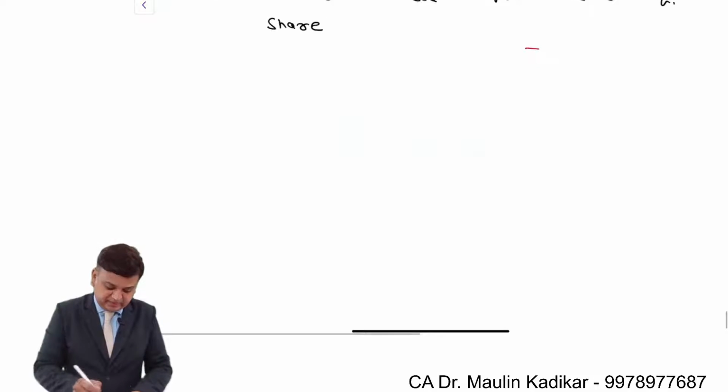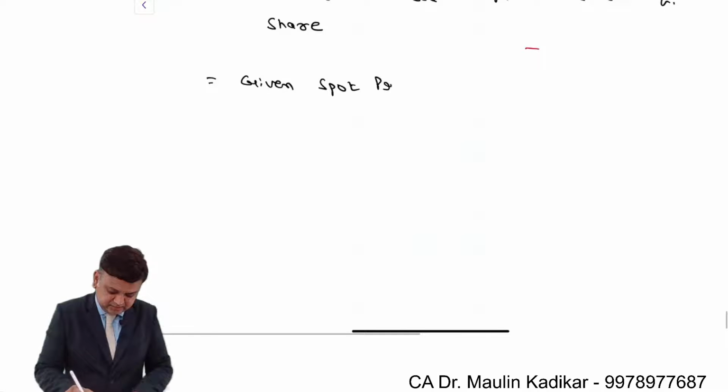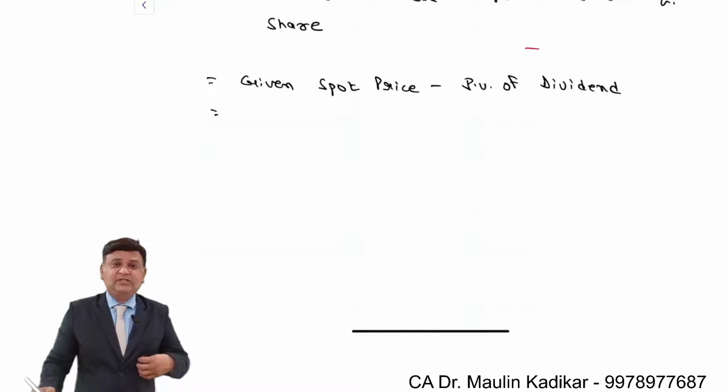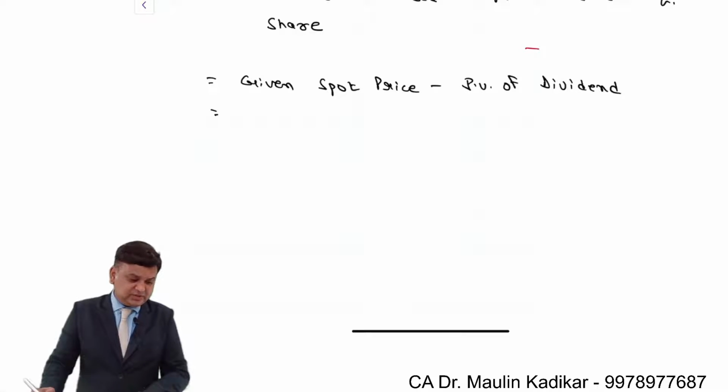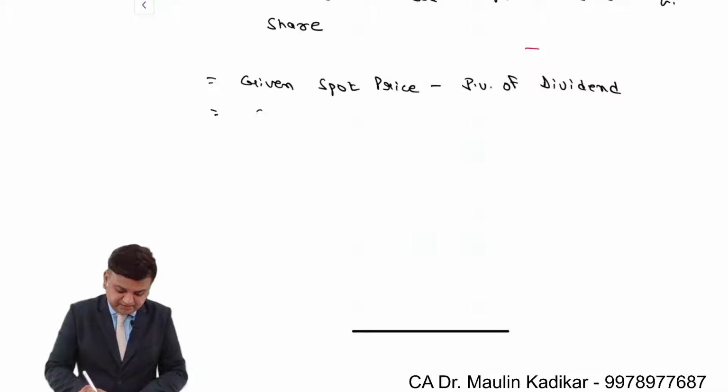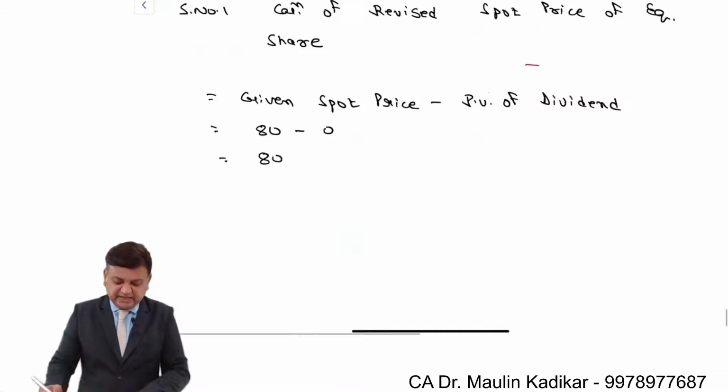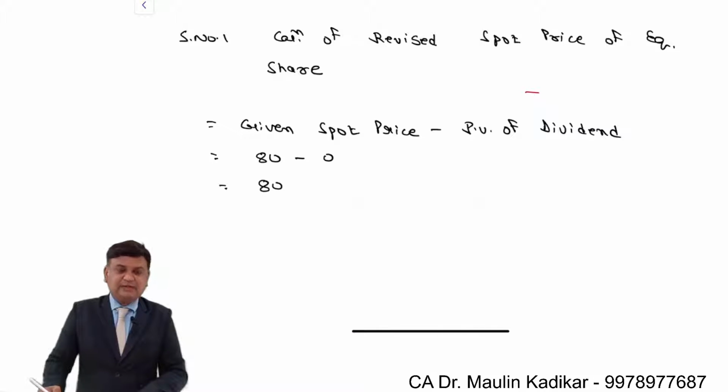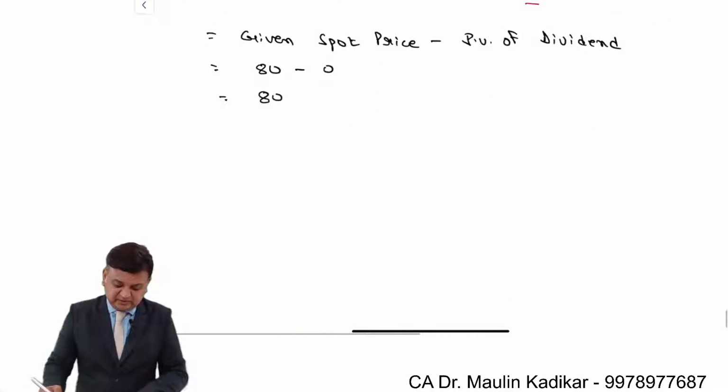It is spot price minus present value of dividend. What is the spot price of the equity share given to us? It is 80, and there is no present value of the dividend, so the answer will remain 80 itself. Step number 1 is as such not applicable.